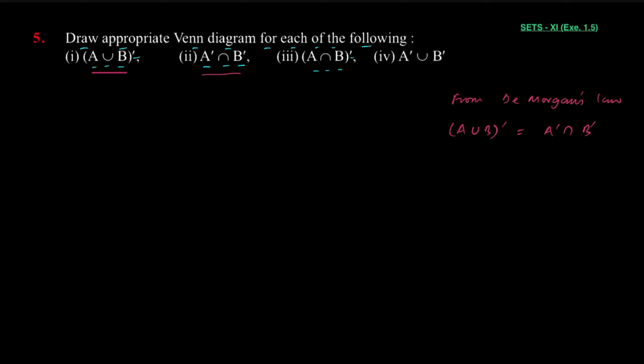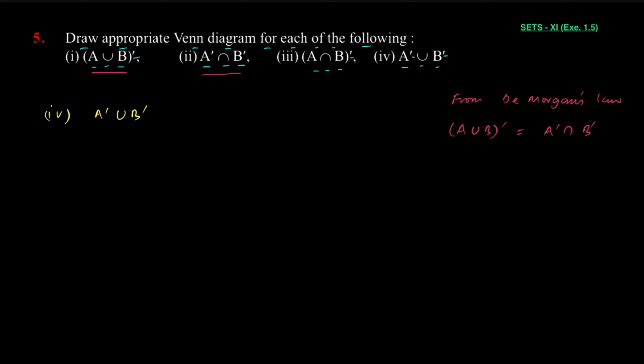Here we have to represent by means of a Venn diagram A complement union B complement. So in part number 4, we'll have to represent A complement union B complement by means of a Venn diagram. Here again, we'll be using De Morgan's law.